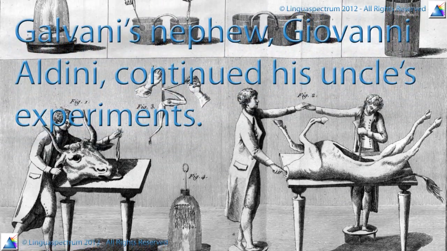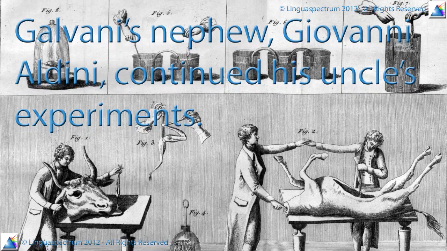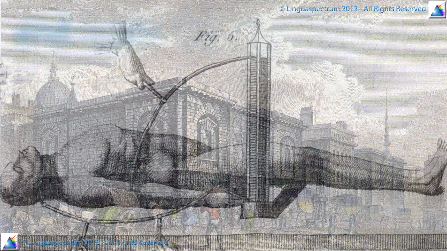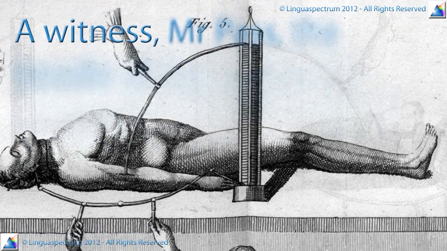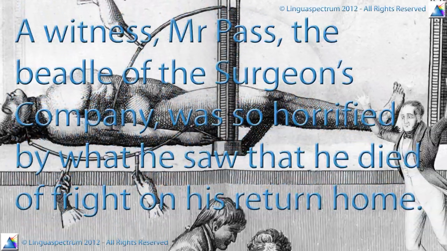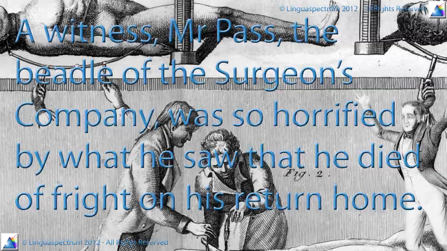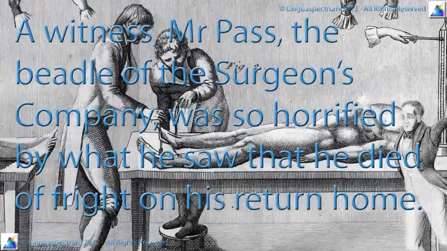Galvani's nephew, Giovanni Aldini, continued his uncle's experiments. Aldini went to Newgate in London on the 18th of January 1803 and made the legs, face and right hand of George Foster twitch using electricity. A witness, Mr. Pass, the beadle of the surgeon's company, was so horrified by what he saw that he died of fright on his return home.